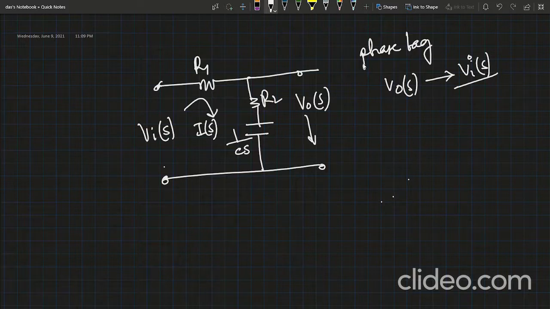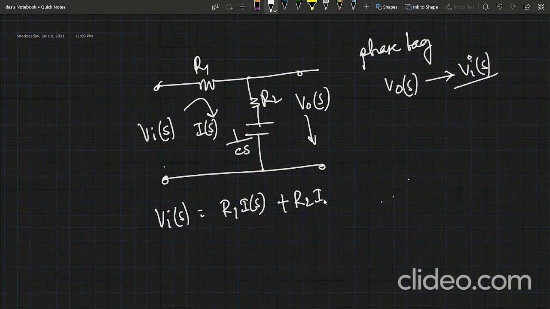Now what is the input equation? Solve it. The input equation, applying KVL, equals R1 into I(s), the voltage drop across R1, plus R2 into I(s), this voltage drop, plus I(s) divided by the capacitor impedance 1 by Cs.